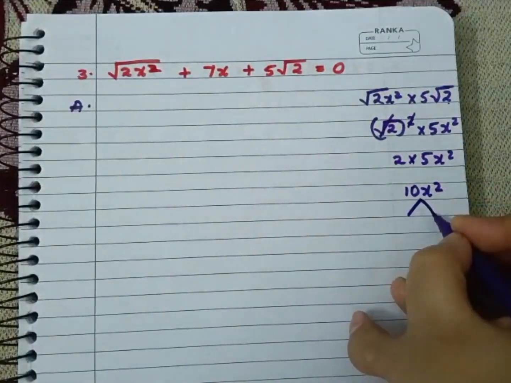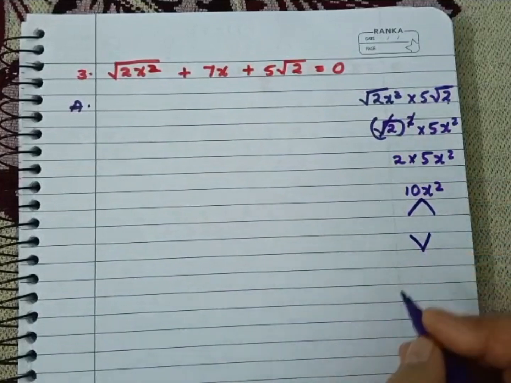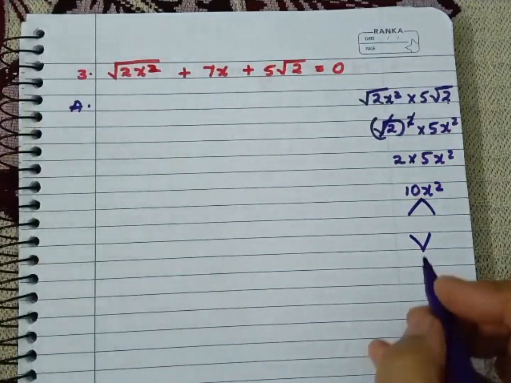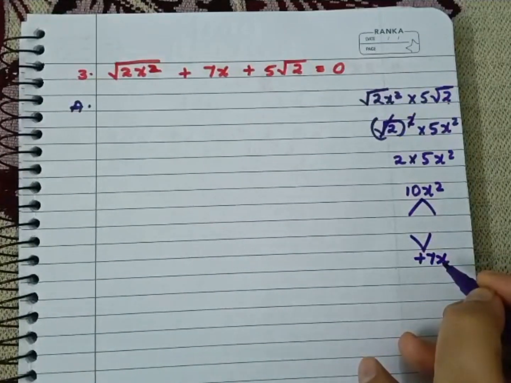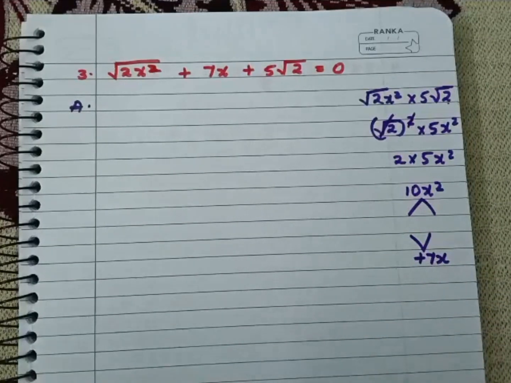Okay, now if we multiply we have to get 10x square, and if we add or subtract I have to get plus 7x. Now how we have to do is 2 5s are 10.